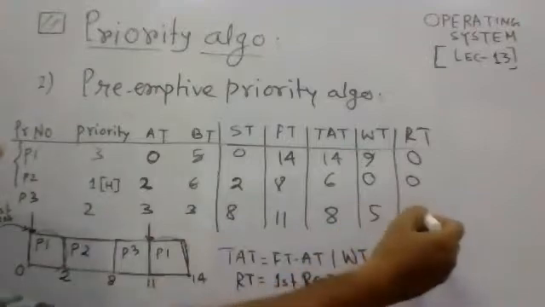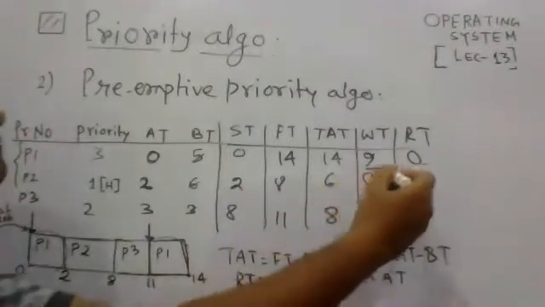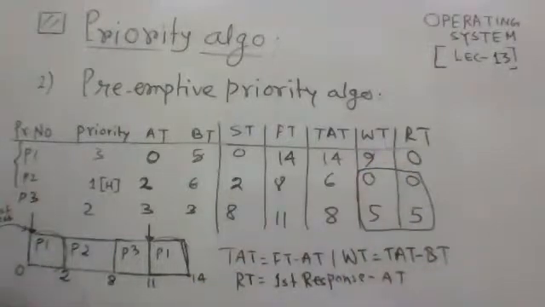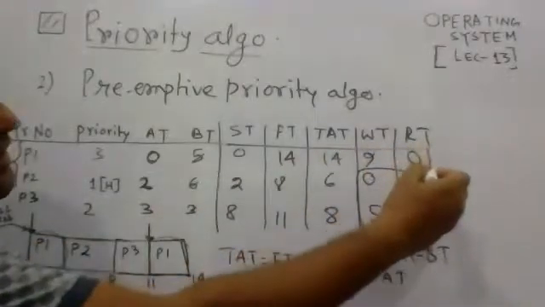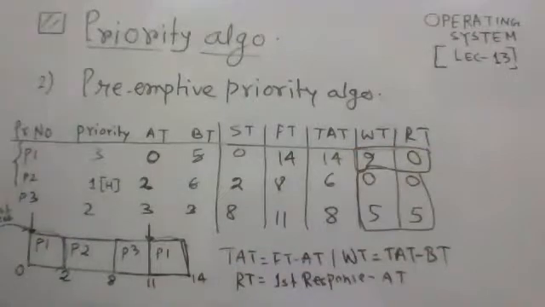So this is 5. So here, as P2 and P3 are non-preemptive, that's why waiting time and response time are equal. But as P1 is a preemptive process here, the waiting time and response time are different.